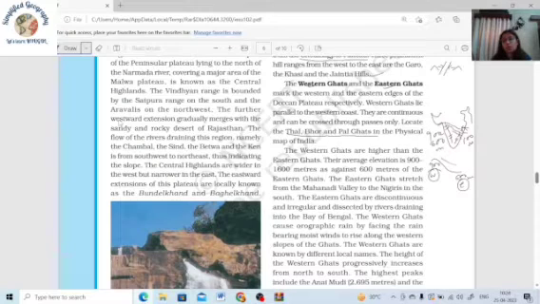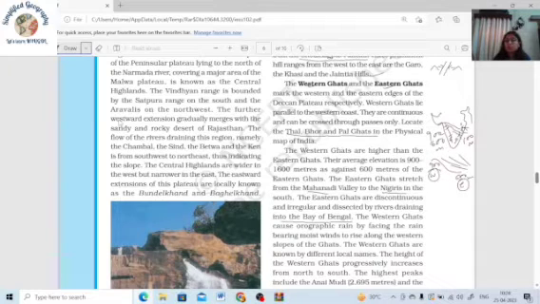That's why all the rivers make their deltas in the east and the source is found in the western part. The eastern Ghats stretch from Mahanadi Valley to Nilgiri in the south. So, Nilgiri is somewhere here and Mahanadi is somewhere here. The eastern Ghats are discontinuous and irregular and dissected by rivers draining into Bay of Bengal.